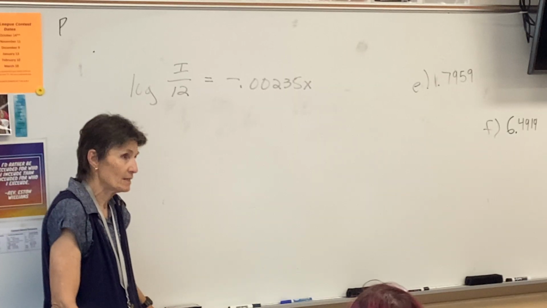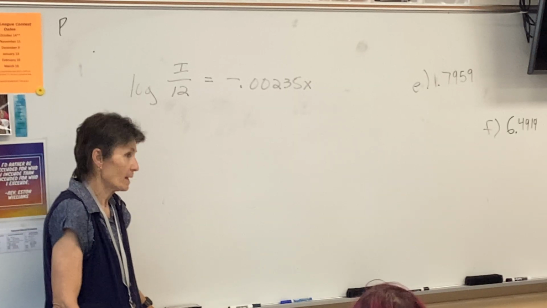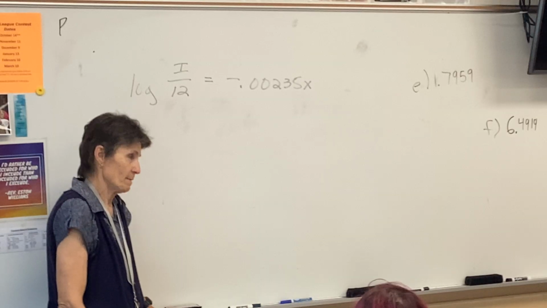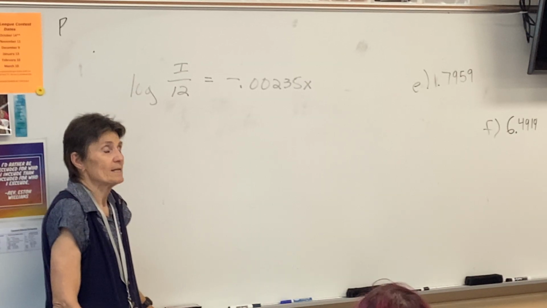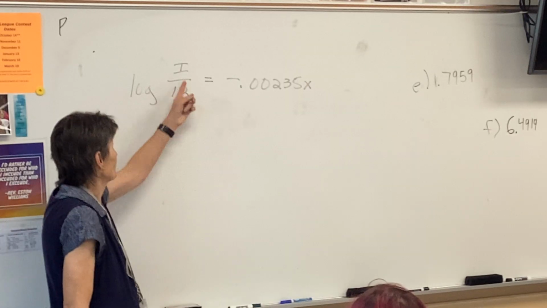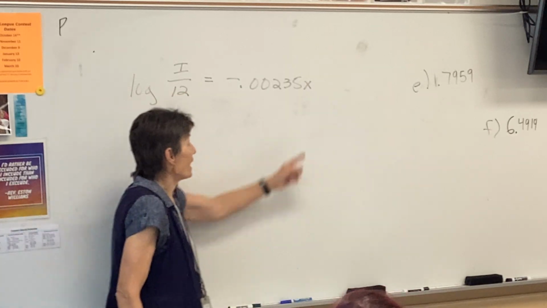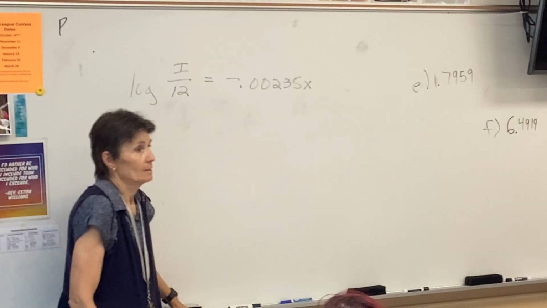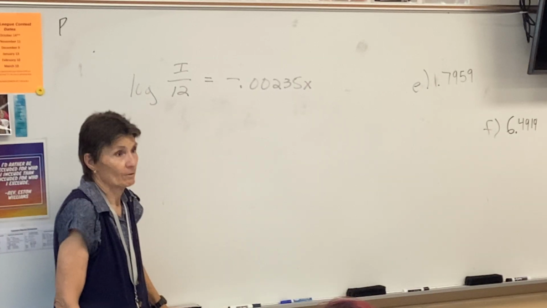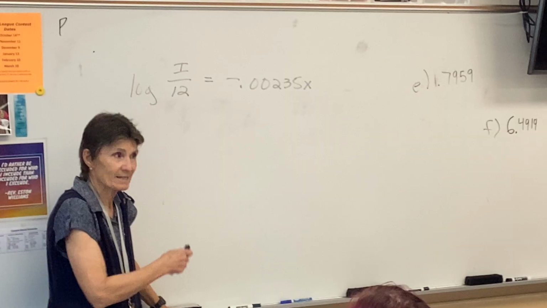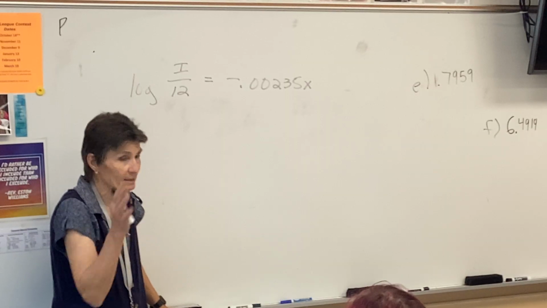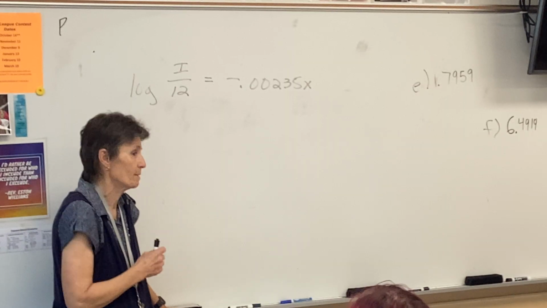It is given to you, okay? This is a formula, according to the book, for the intensity of light, X feet under the water in Lake Erie. All that's given to you. You don't have to do anything. You just have to know how to use this formula.